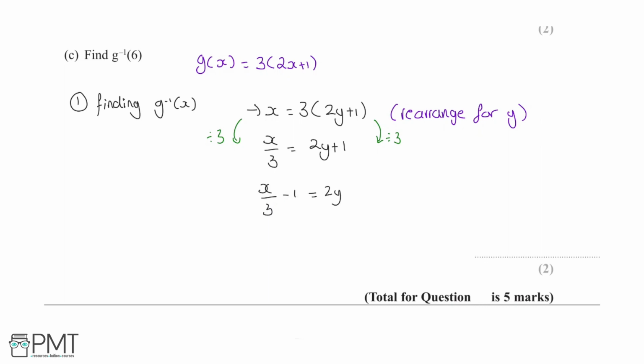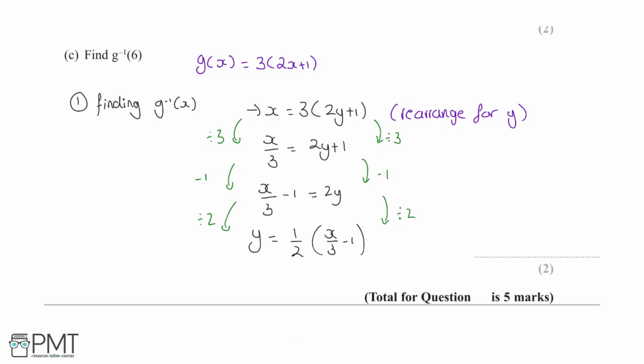And lastly, all we need to do is divide by 2. So y equals half times (x over 3 minus 1). And I've just swapped the sides of both things to write everything in terms of y.